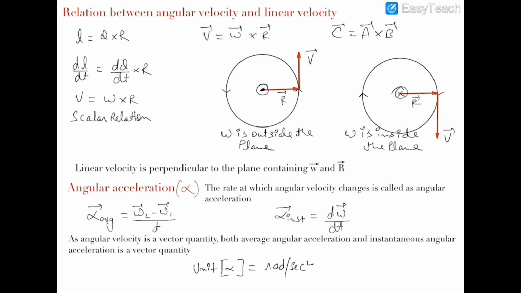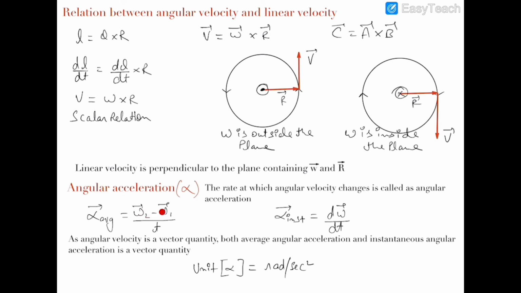Due to the fact that instantaneous angular velocity is a vector quantity itself, therefore both average angular acceleration and instantaneous angular acceleration are vector quantities, because instantaneous angular acceleration is itself d omega by dt, while average angular acceleration is change in instantaneous angular velocity upon time taken for that change.